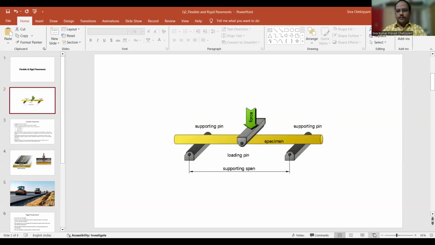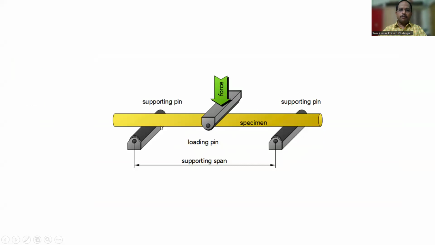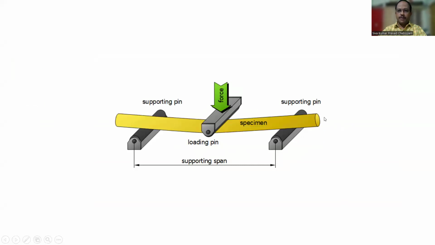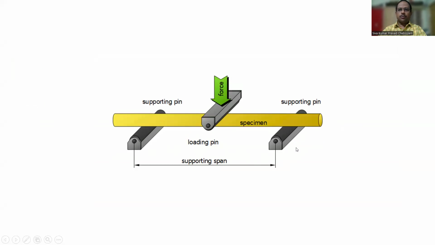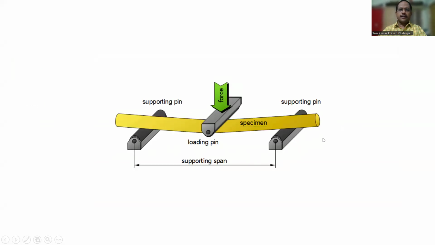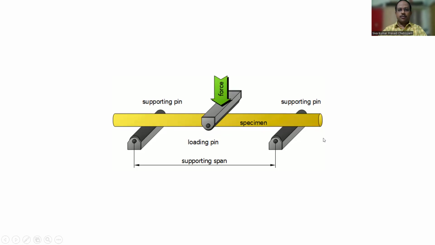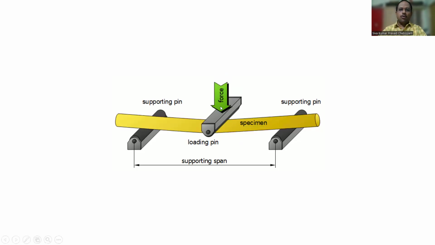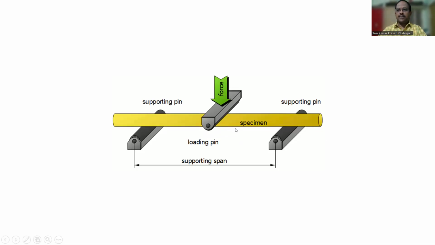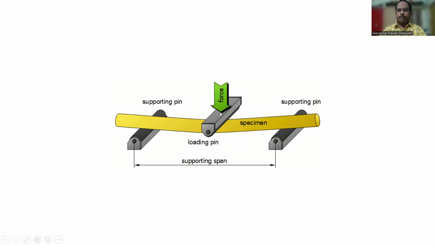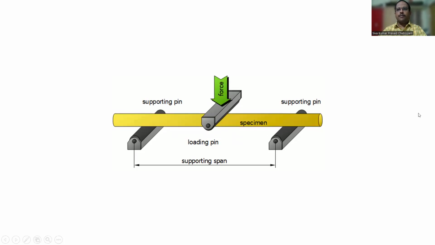Here you can see a member, just a beam, resting on two supports. A load is acting in the transverse direction, that is perpendicular to the length of the beam.